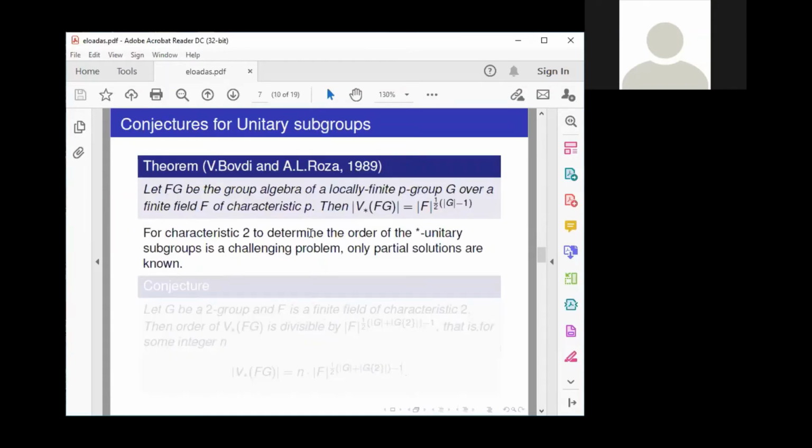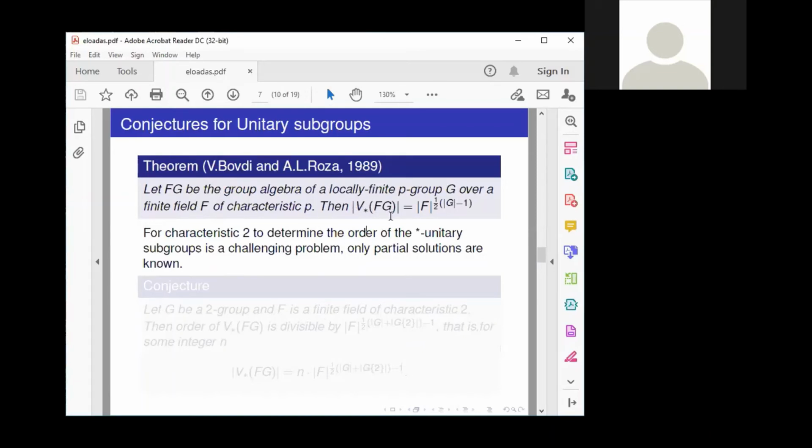And another problem corresponding to the unitary subgroups is to determine the order of the unitary subgroups corresponding to the classical involution. So in this case, I suppose that the involution is the classical involution. Bodi and Rosa proved this result. So it's true for locally finite p-groups.